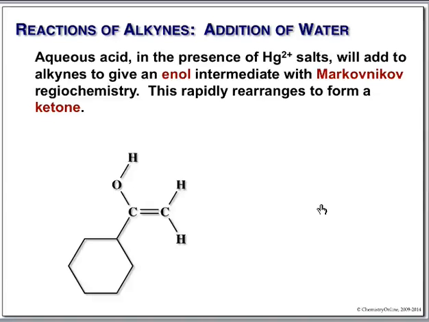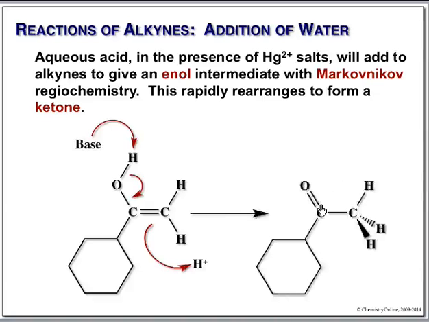So the whole process looks like this. A base of some sort comes in. It can be anything, water. Pulls the hydrogen off, make our double bond, move these guys out, and we have our carbonyl compound.